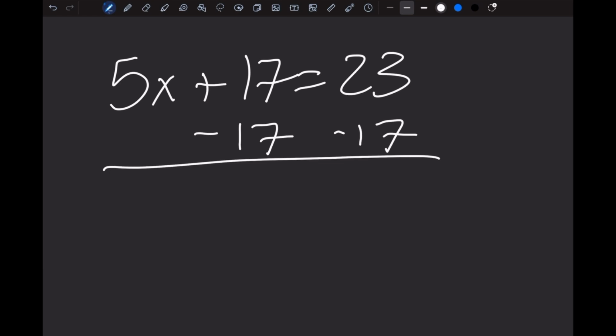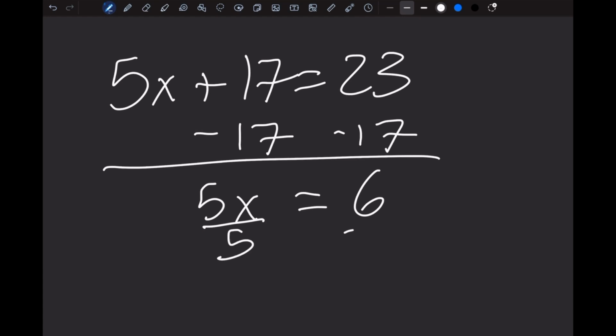Now you do the opposite, so you subtract both sides, so you get 5x on this side is equal to 23 minus 17, which is 6. Then these two, 5 and x, are connected by multiplication. It's one way to think about it. So since they're multiplied together, the only way to get them away from one another is to divide.